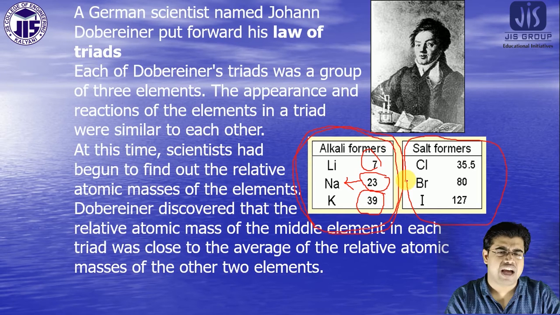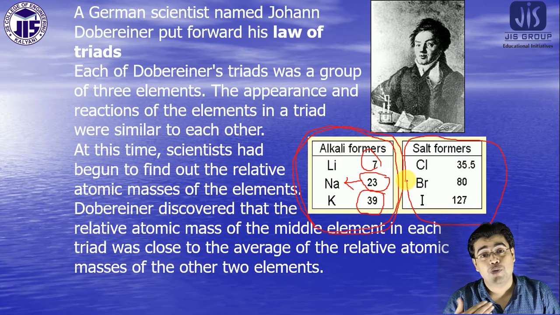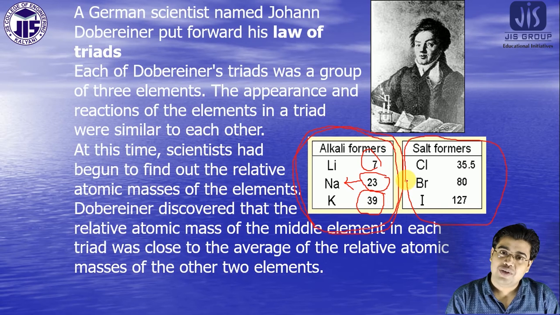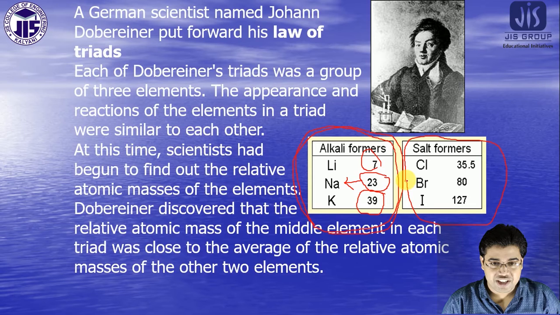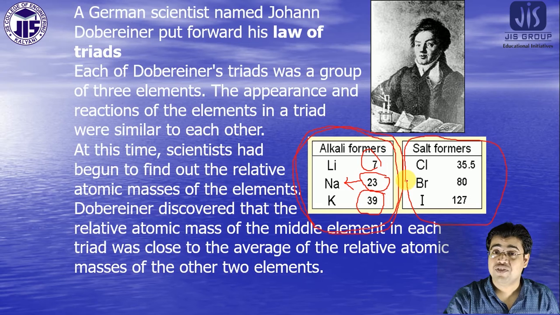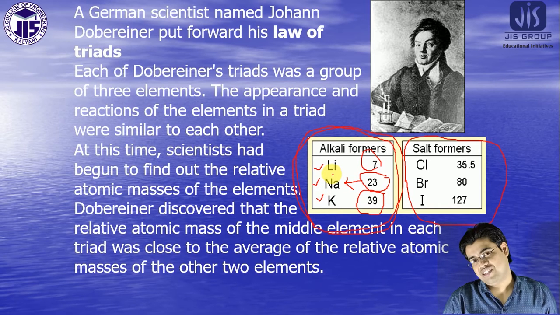The main target is that we have to arrange a set or a group or a table or whatever, by which the individual properties of the elements will be more or less similar. That was done by Dobereiner first time, like lithium, sodium and potassium. Those 3 elements have almost similar properties.